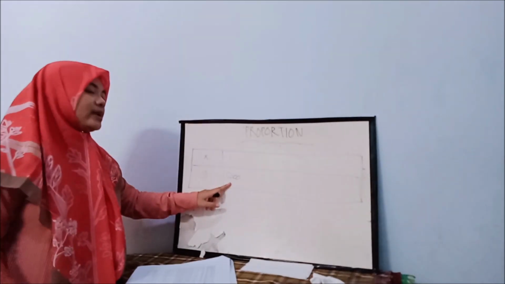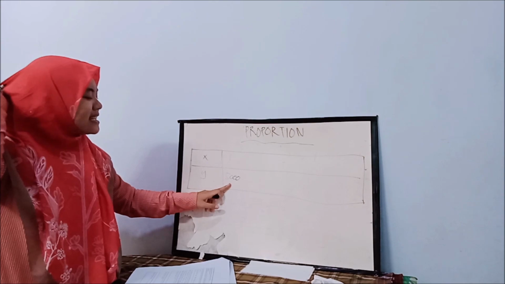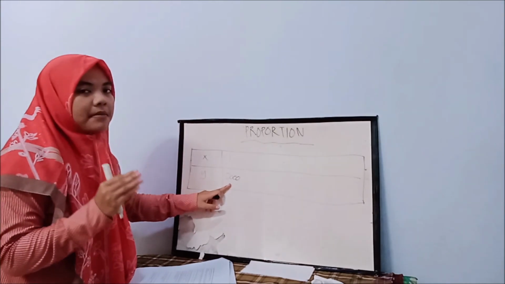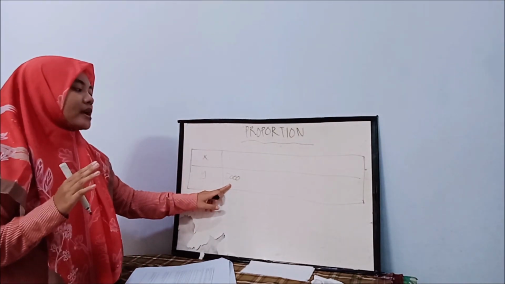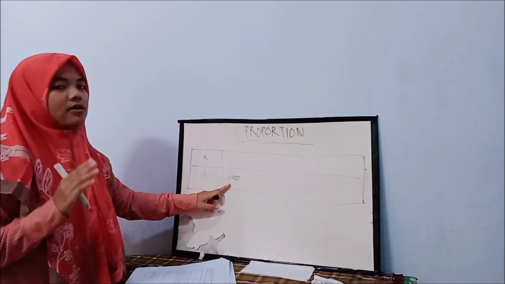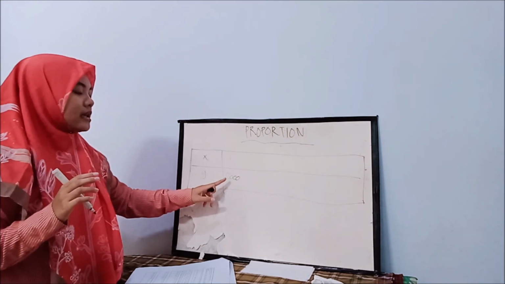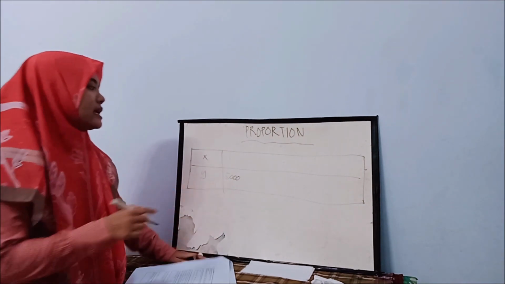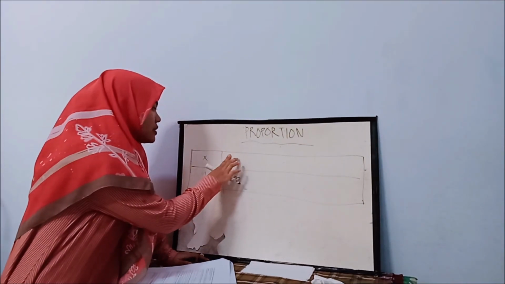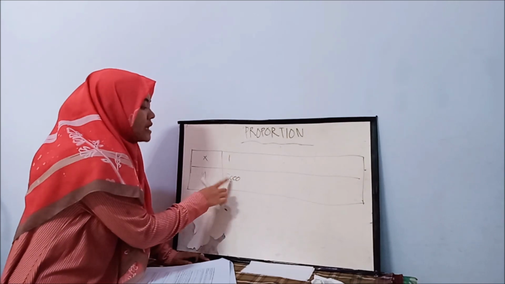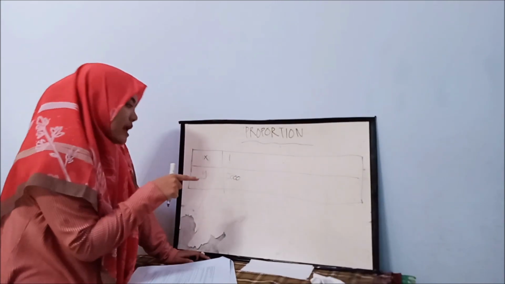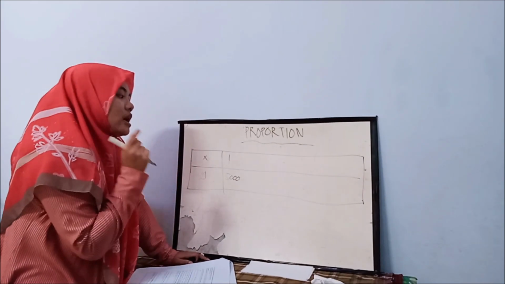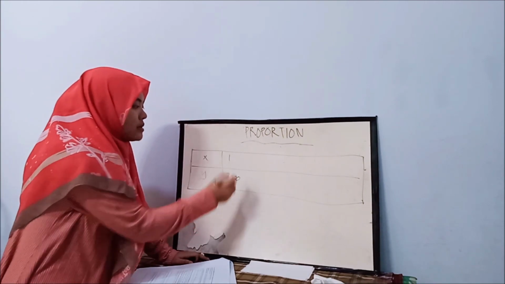Because when Andy enters the night market, we must pay 3,000, and if he buys one ticket of games, the answer is 3,000 plus 2,000, so it's equal to 5,000.